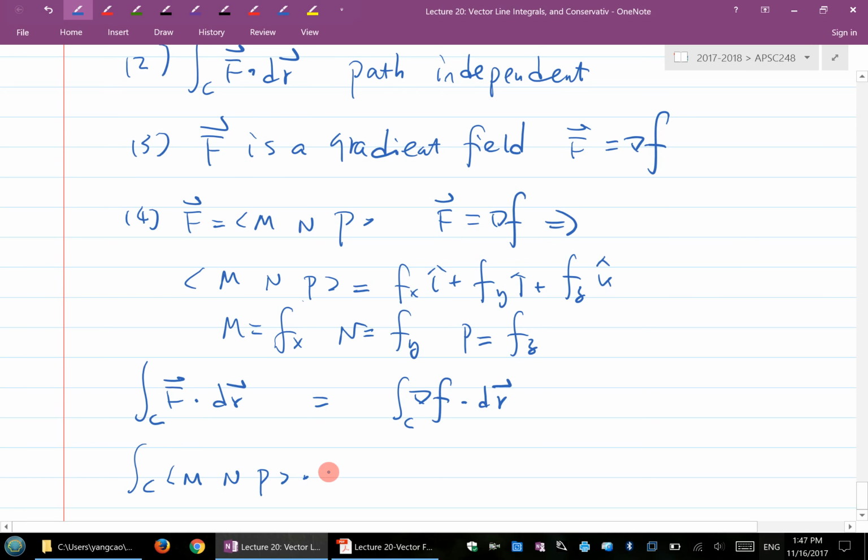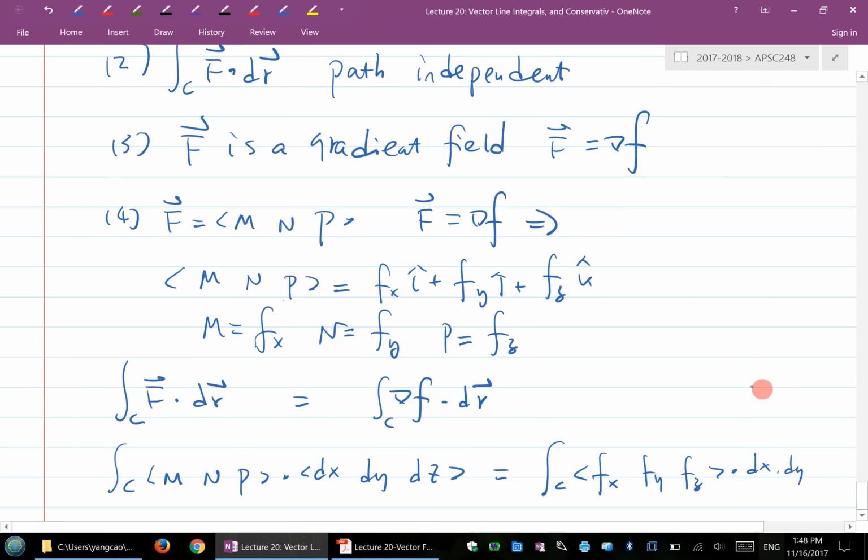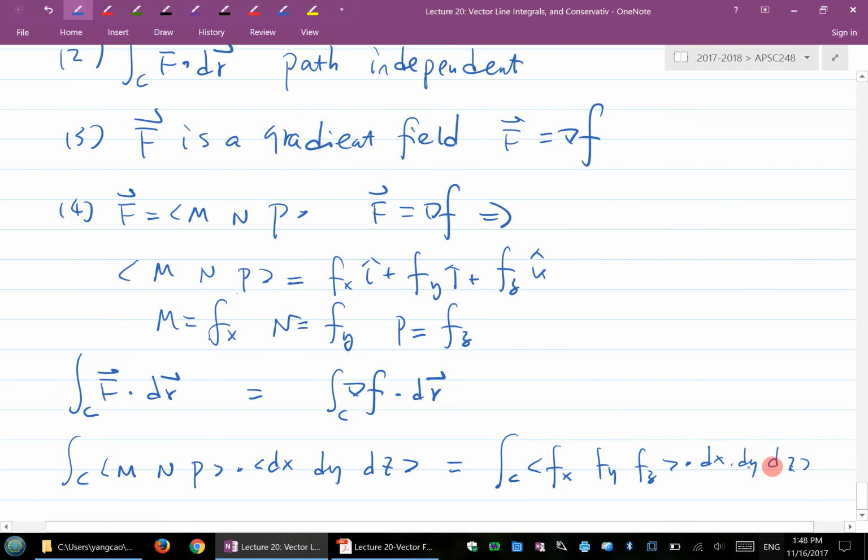I replace the dr with dx, dy, dz, and then this one here with Fx, Fy, Fz, and then dx, dy, dz similarly. So when you do the line integral, you integrate over the F vector field or this potential function del f.